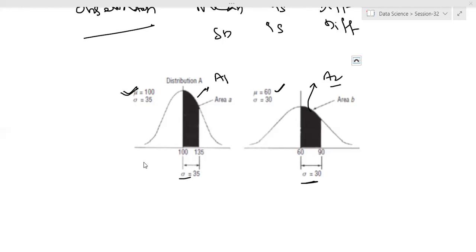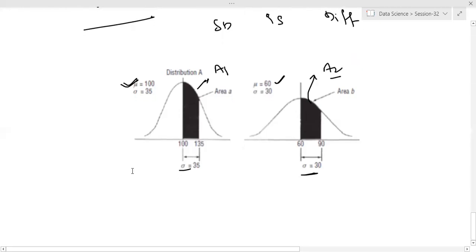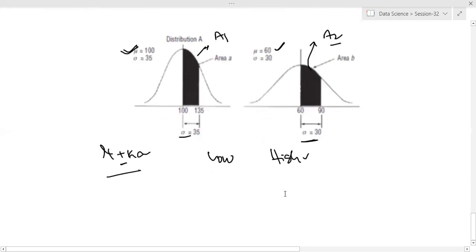If you start applying the formula here, which formula? Mu plus k sigma, which, as you told yesterday, gives you the higher value from low to high. Like yesterday you were talking about something like 29 to 49, one example you have given.